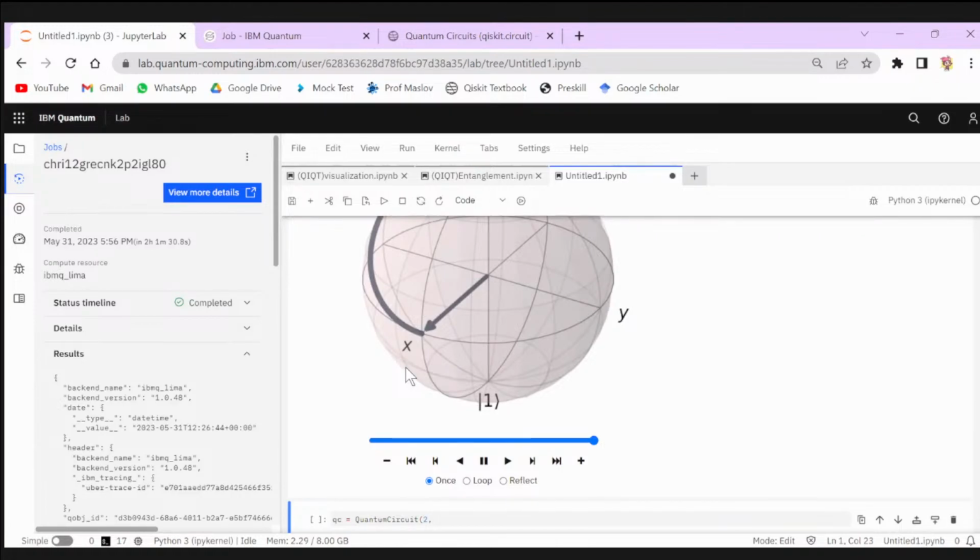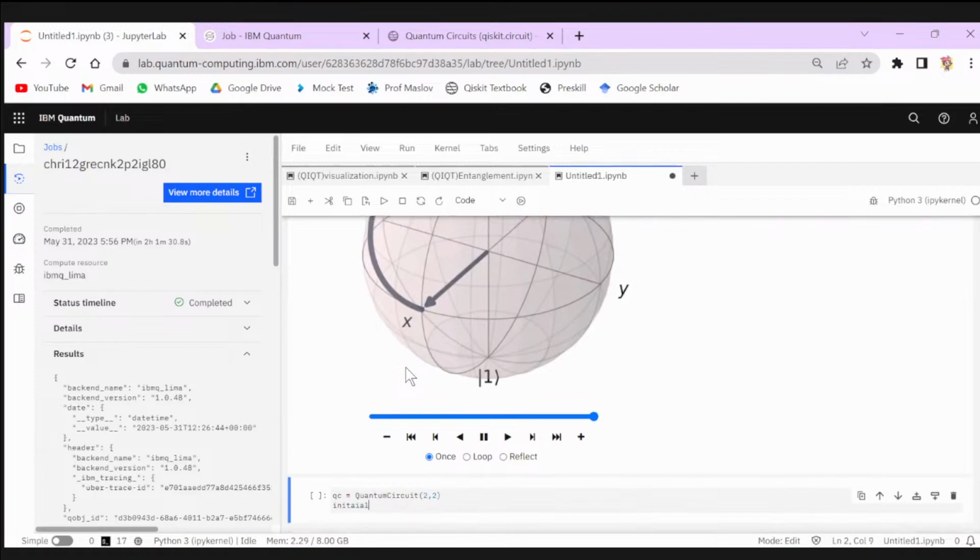So we have two classical registers and two quantum registers. Consider the initial state is 1 by root 2 and 1 by root 2.